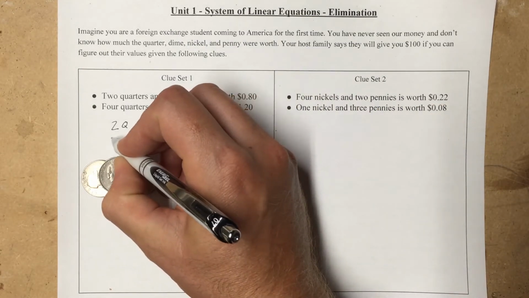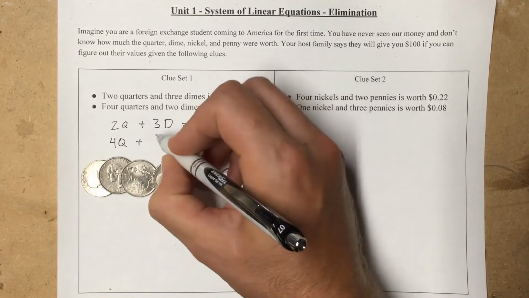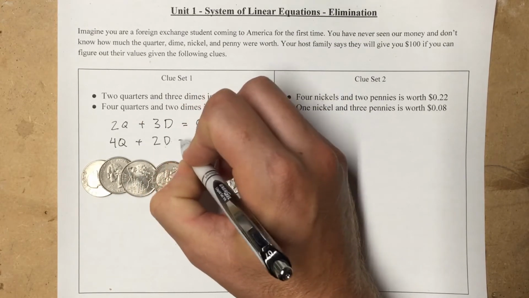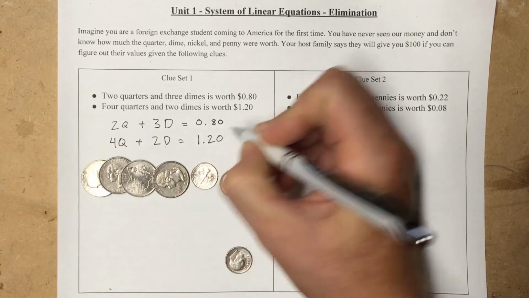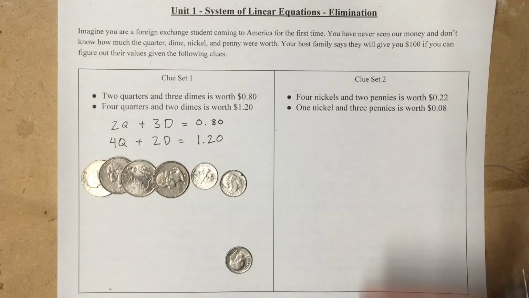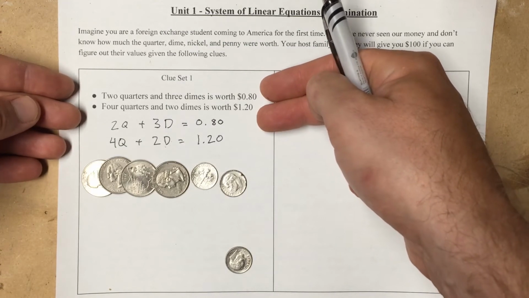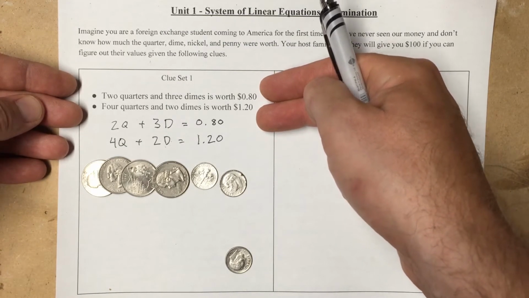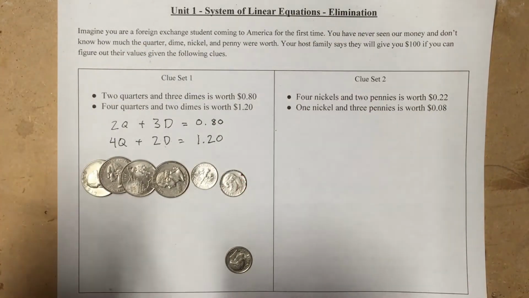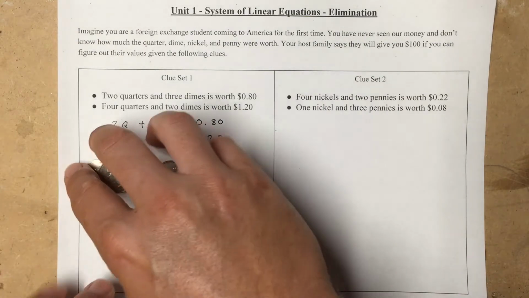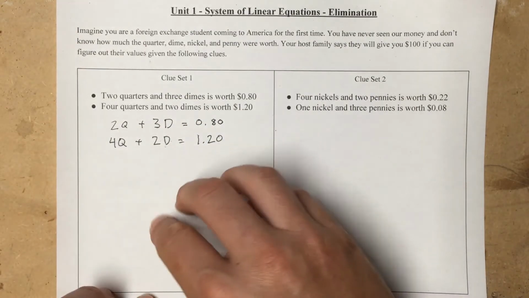So we have 4Q plus 2D equals $1.20. Okay? So that's how we go from the English language clue written here, putting it into a mathematical representation. So let's get rid of these and keep going.